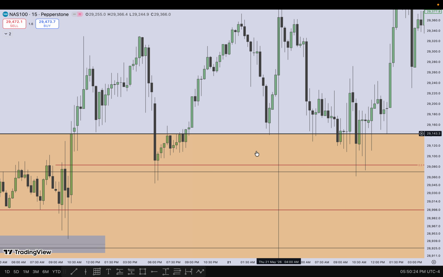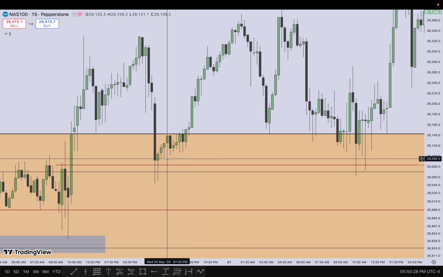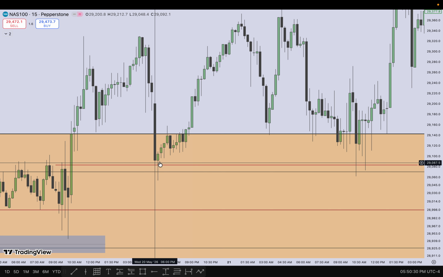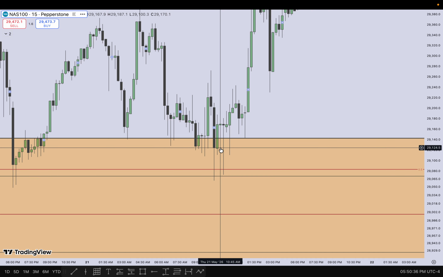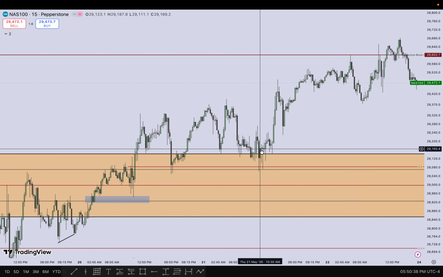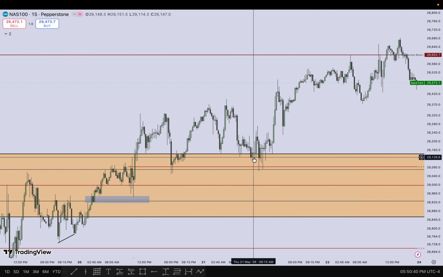What we say is the wick does the damage, the body shows the real narrative. Where is the body? The wick does the damage, the body will show you the real narrative. Where is the body? You can definitely see what's happening right up there.